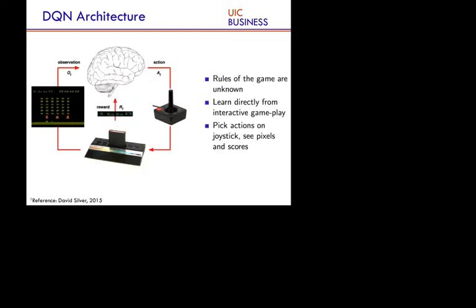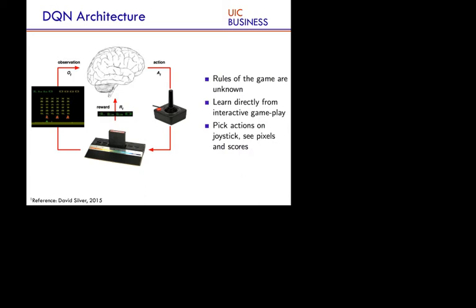This is just a snapshot of about 50 games in the Atari learning environment. So what exactly is happening there? The agent assumes that the rules of the game are unknown. The agent doesn't know what happens if it presses the joystick left or right, or presses fire, or any of those actions that are available.